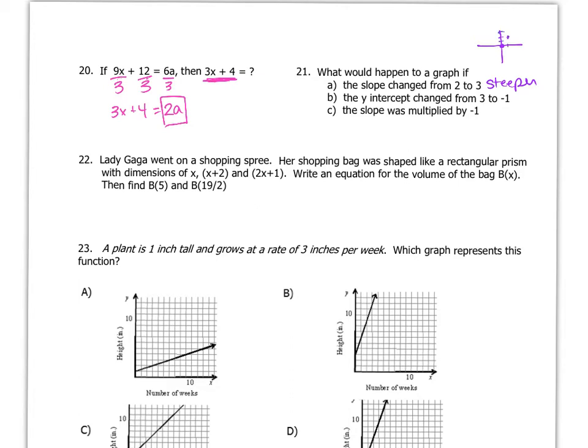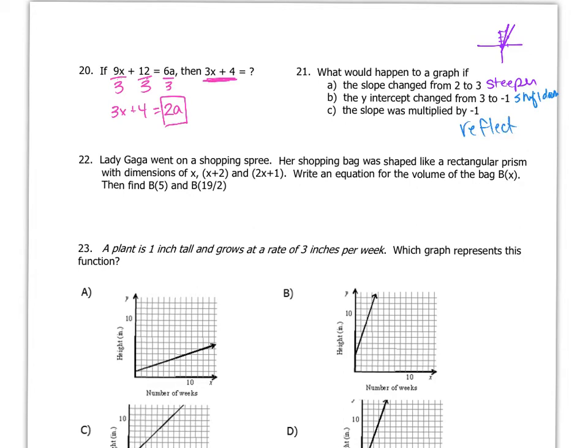If I went up 3, right 1, you can definitely tell that it is steeper. Then on B, it says the y-intercept was changed from 3 to -1. That means that it would shift down. Okay? And then if the slope is multiplied by -1, so if we had a positive 2 slope and we changed it to a -2 slope, we know that it is going to reflect.